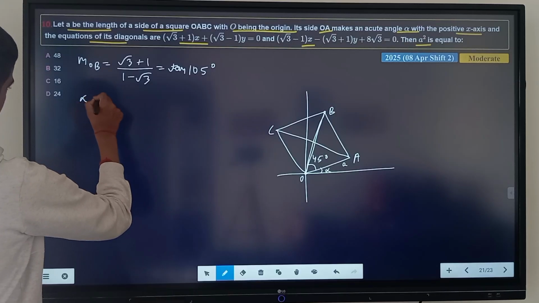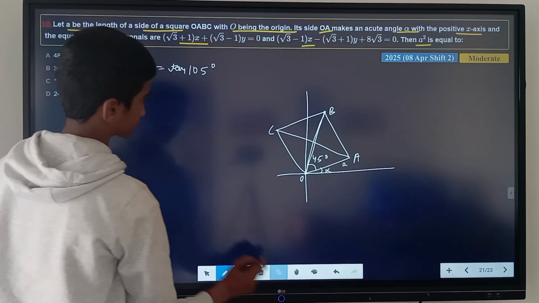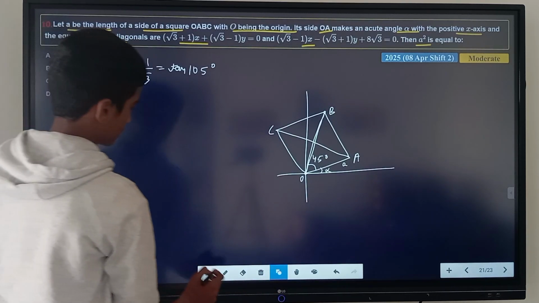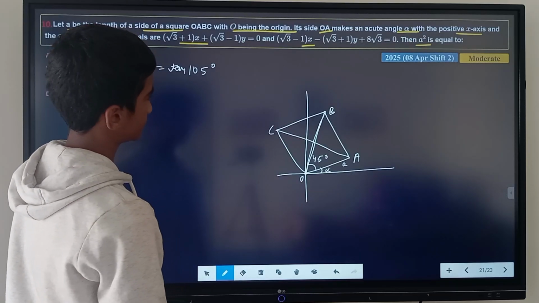From here we can say clearly alpha is 60 degrees.